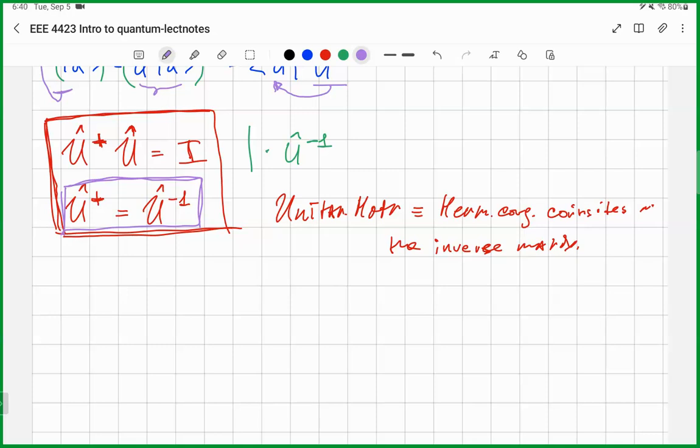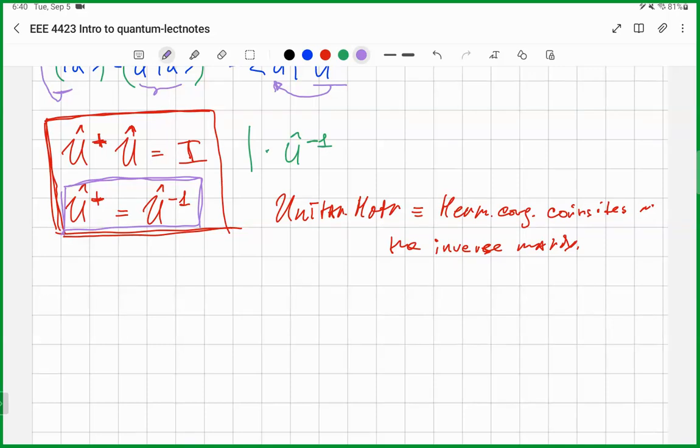So this basically means that for a given operator which acts on a vector and creates another vector, the inversion operator does the opposite. It restores the initial vector, and the Hermitian conjugated basically does the same.